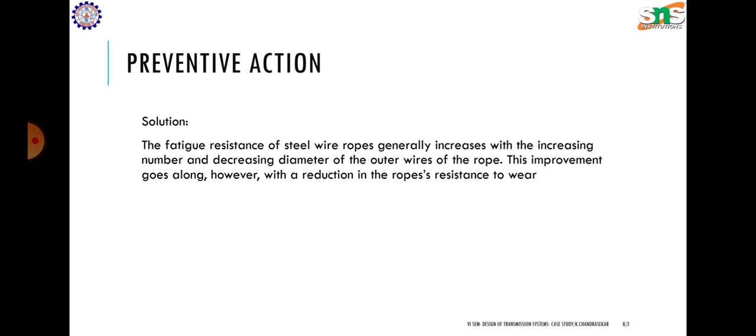So from this study we can find that the failure of the wire rope is not due to bending or tensile stress, it is due to torsional stress. That occurs because the wire rope touches the small flanges or grooves of the drum sheave.